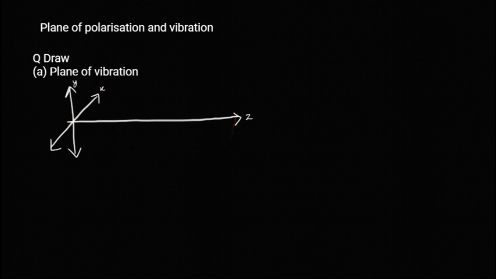The vibration is along the y-axis and it is propagating along z-axis. This x-axis is not coming into the picture. A plane polarized along y-axis, traveling along z-axis.